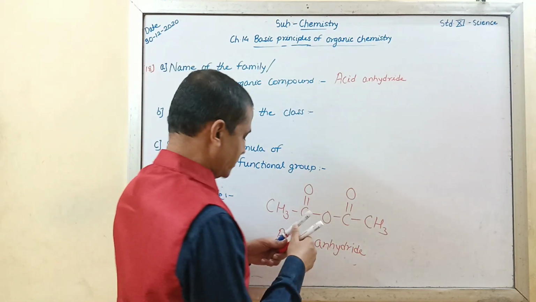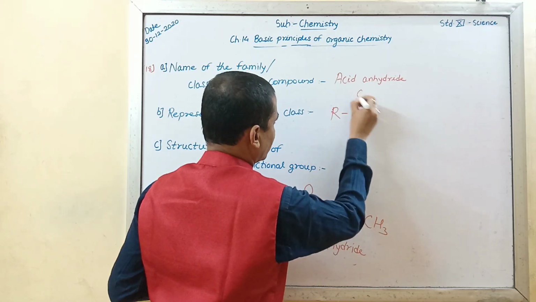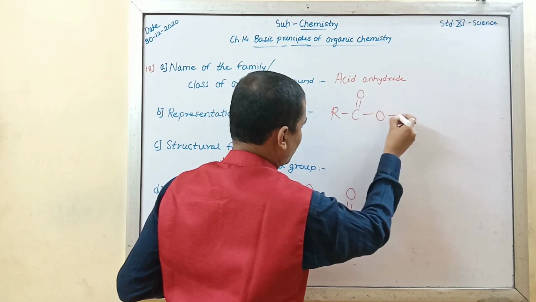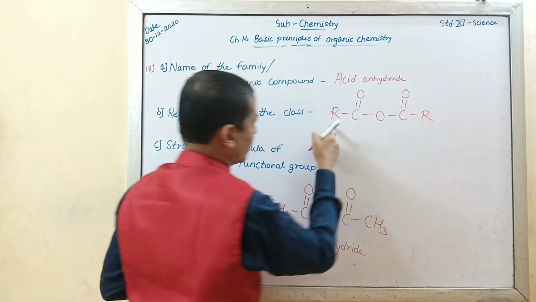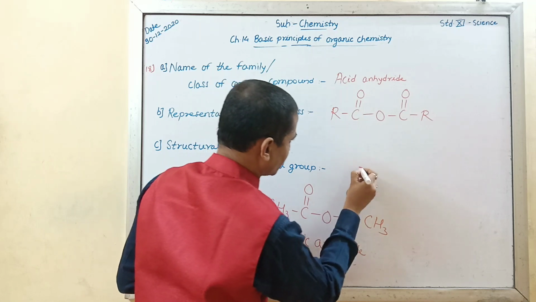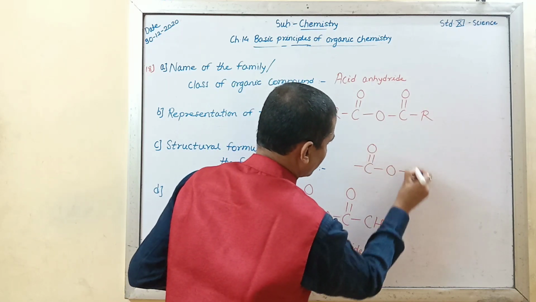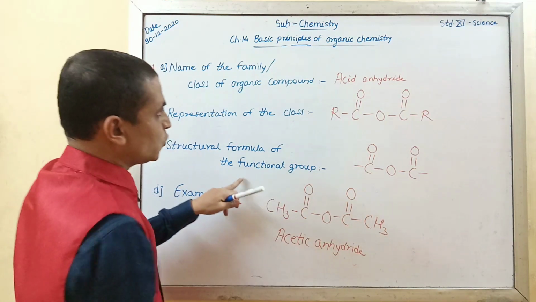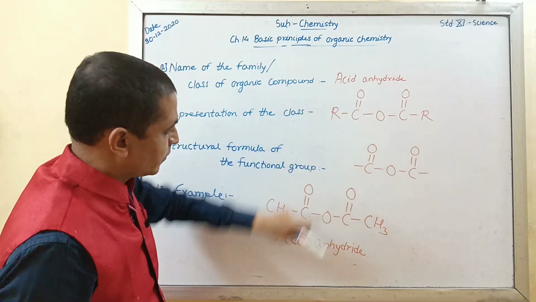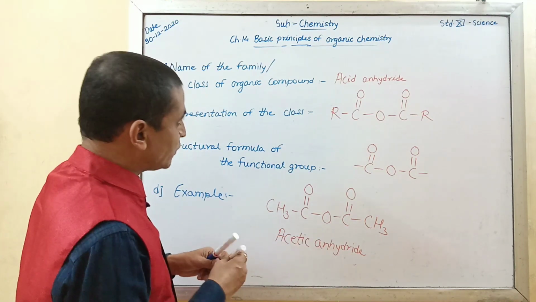Now what is the representation? It is represented as RCOOCOR, where R is an alkyl group. Now see the structure. Remove the R: CO O C double bond O. This is the structural formula of the functional group of acid anhydride. Observe this carefully.